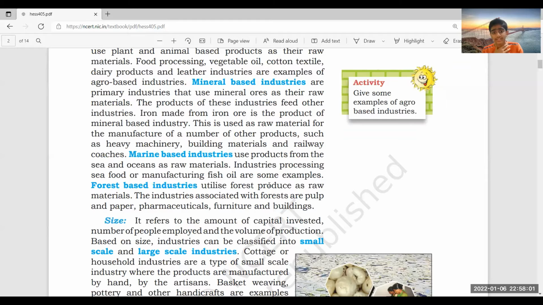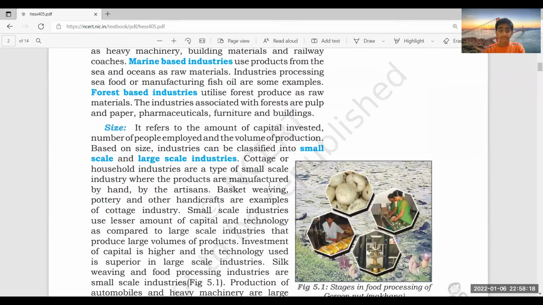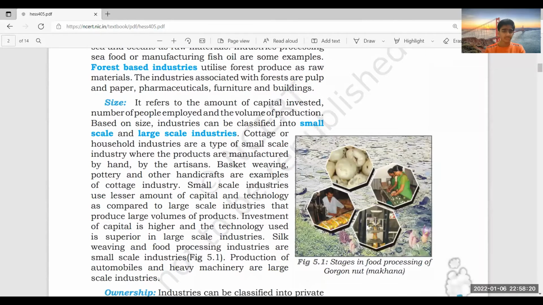Marine-based means raw materials which could be obtained from oceans, used for manufacturing fish oil and many other things. Forest-based industries utilize forest products as raw materials, which are used for making paper with the help of pulp, palm leaves.